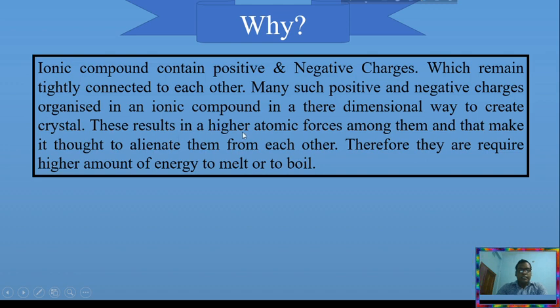This results in higher interatomic forces among them, and it is hard to separate them from each other. Therefore, they require a higher amount of energy to melt or boil. That's why their melting point and boiling point are higher than those of covalent compounds.